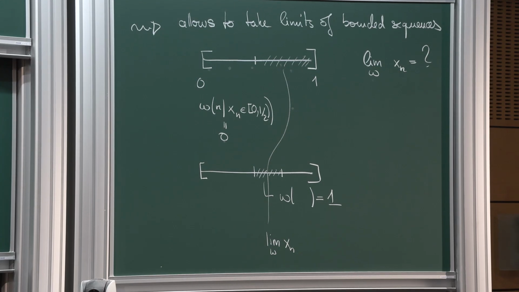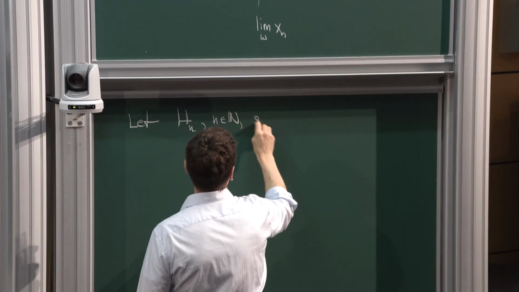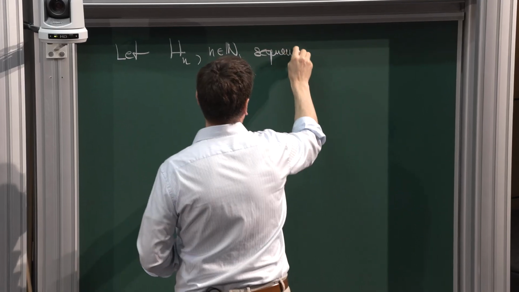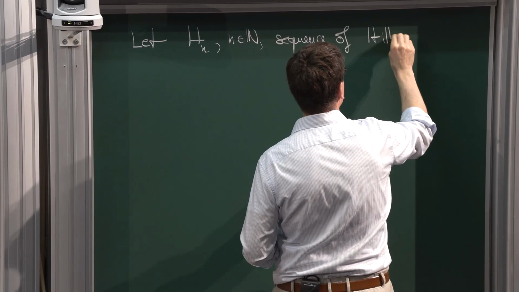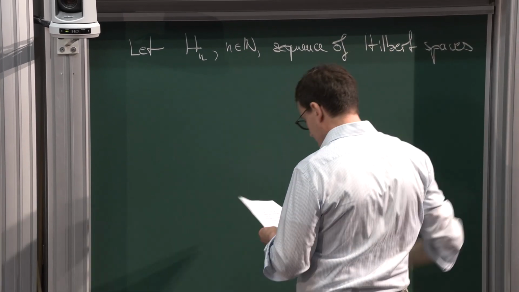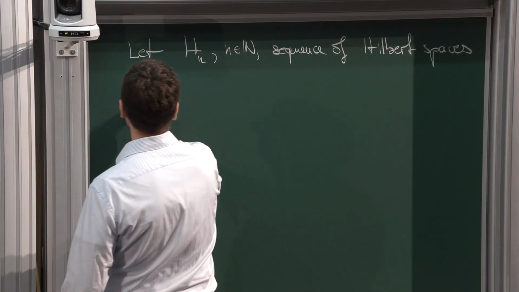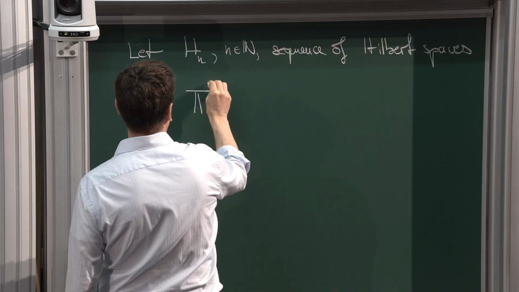If we have a sequence of Hilbert spaces, so no representation yet, just a sequence of Hilbert spaces, then we can look at the bounded sequences, so to speak.